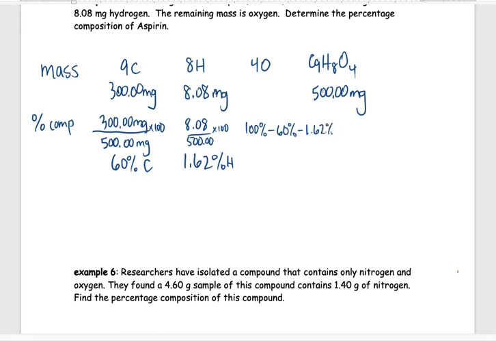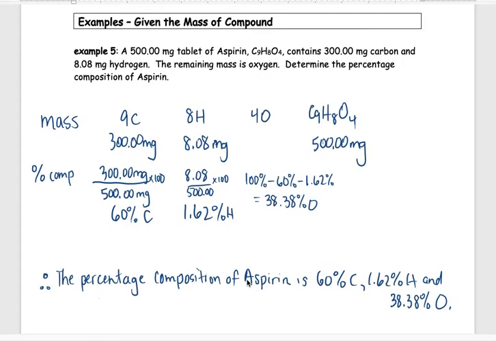We'll end up with whatever is left, which is the oxygen, which will be 38.38%. There's the carbon, hydrogen, oxygen. So now we have our percent composition of our aspirin. We know it's made up of carbon 60%, 1.62% hydrogen, and 38.38% oxygen. There's the final statement here.